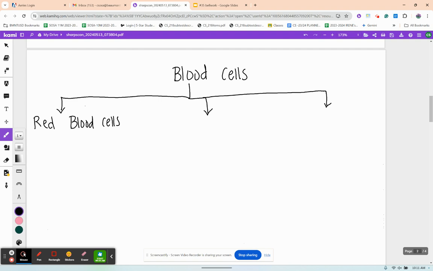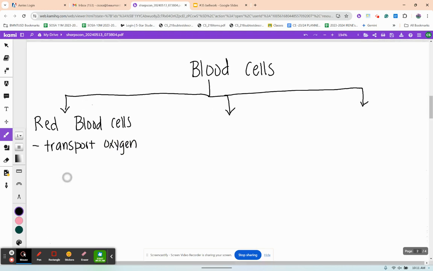The main function of these is to transport oxygen. These type of red blood cells, they are produced in the bone marrow.